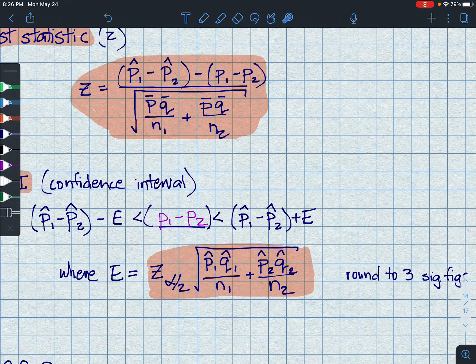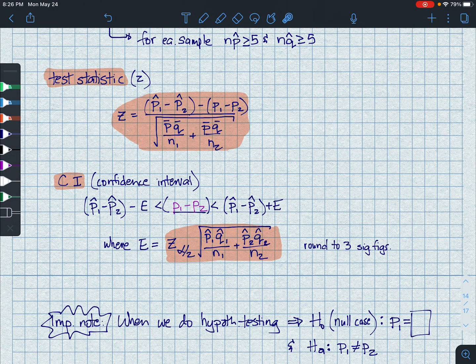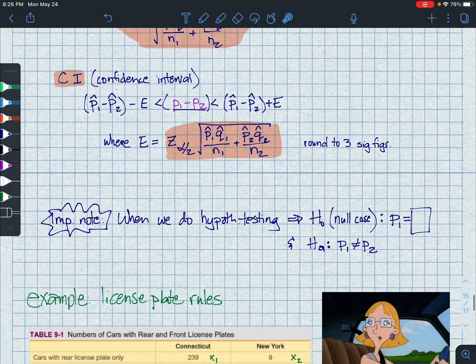Now both this error stat and the z-stat can be found using StatCrunch, whether on your calculator or elsewhere. So this is considered a 2-sample z-stat, so look for it there.